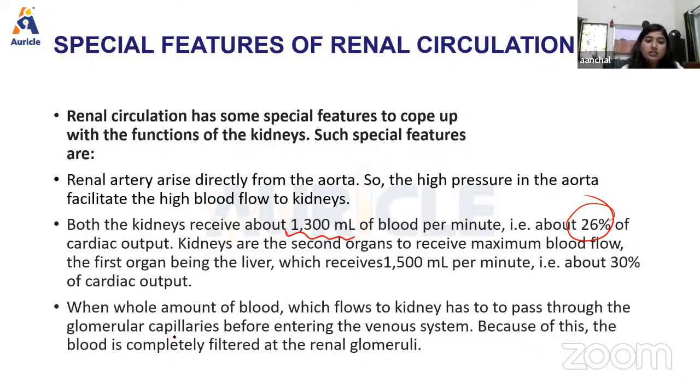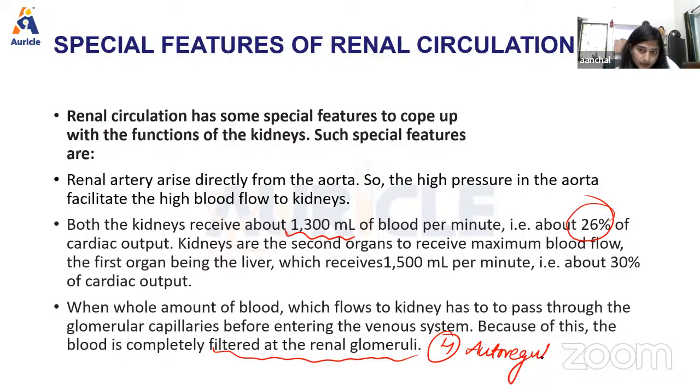Because of this, the blood is completely filtered at the renal glomerulus. Another feature, which we have already discussed, is autoregulation. So these are some special features of renal circulation.